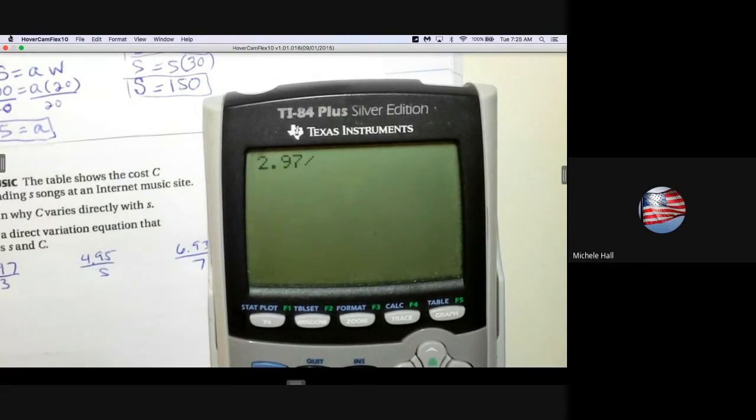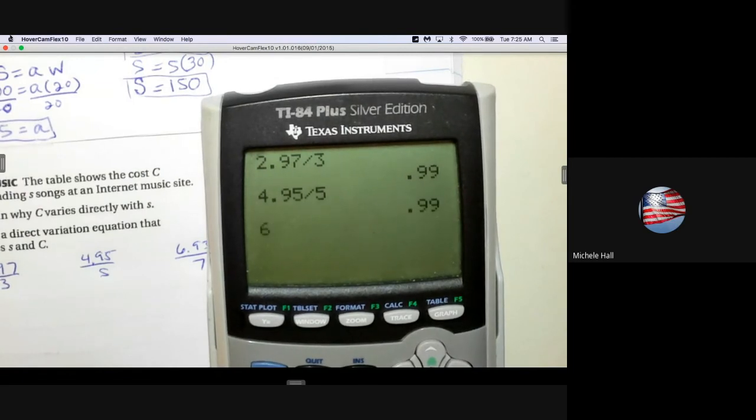$2.97 divided by 3 equals 99 cents. 4.95 divided by 5 equals 99 cents. And can you guess what $6.93 divided by 7 is going to equal?